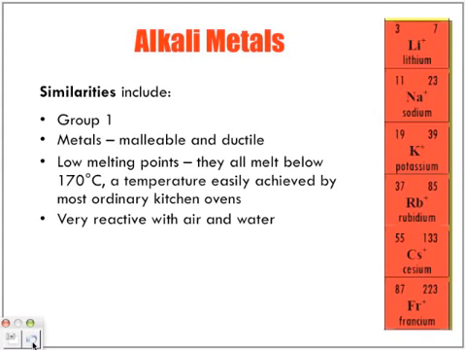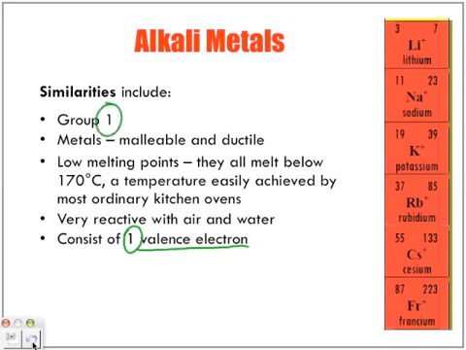They are very reactive with air and water, violently reactive, and as we move down, they become more and more reactive. They all have one valence electron. This is going to be really important, but we're going to talk about this term later. Notice here, one valence electron, group 1. There's going to be a hint there, as we'll talk about later on.